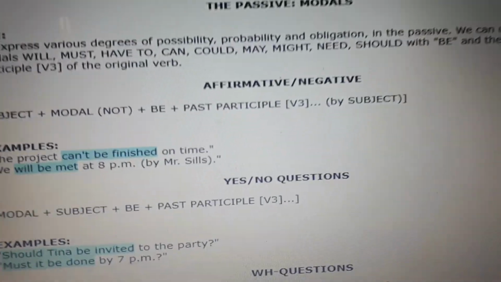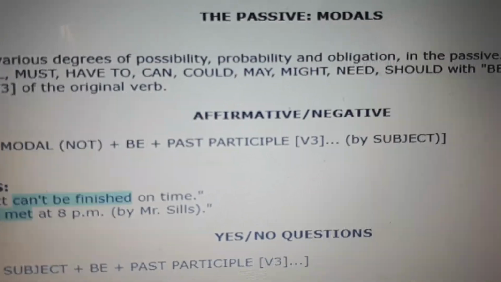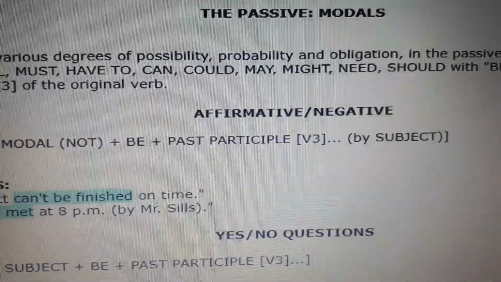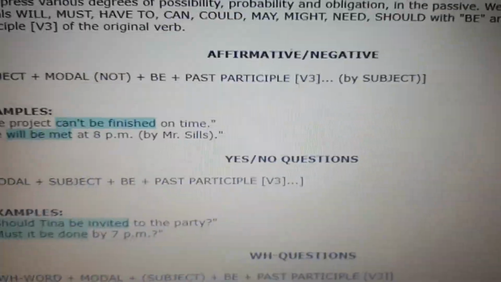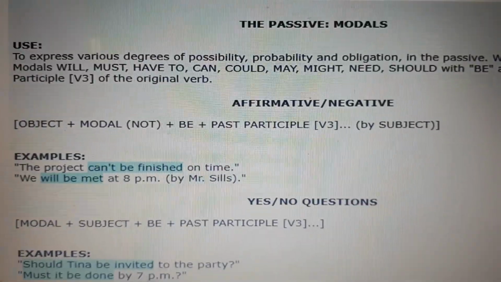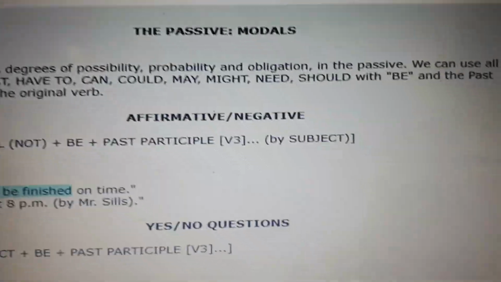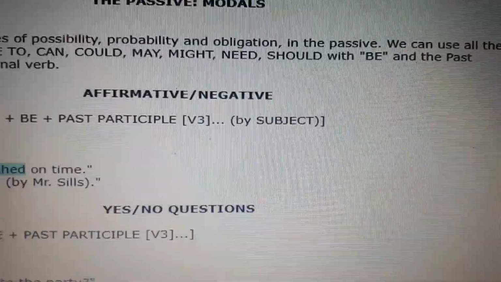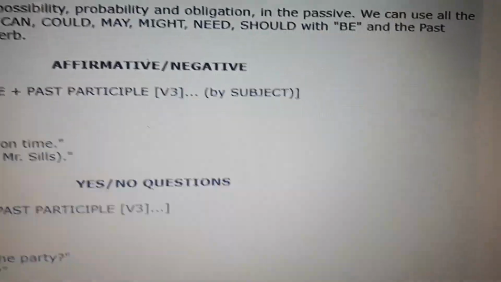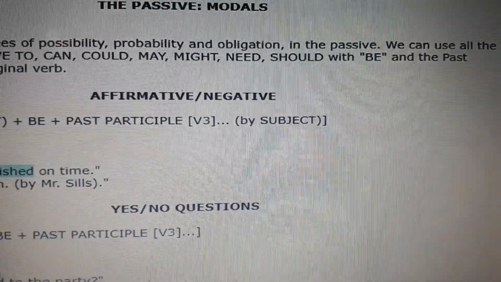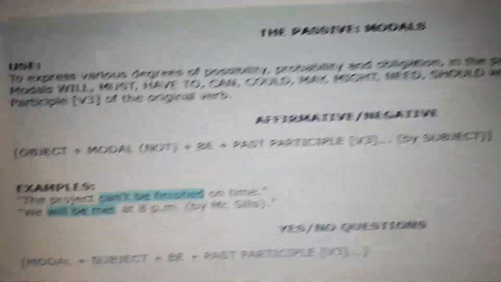Also, can, could, may, might, etc. Okay, should, etc. Could be positive or negative. Okay, but we're going to add the verb to be. It is very important to work with the verb to be in the base form, and then the action has to be in past participle.